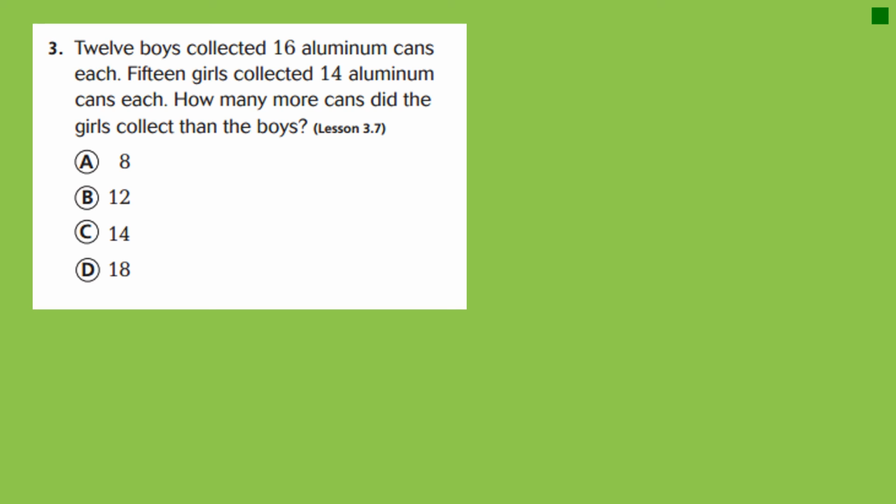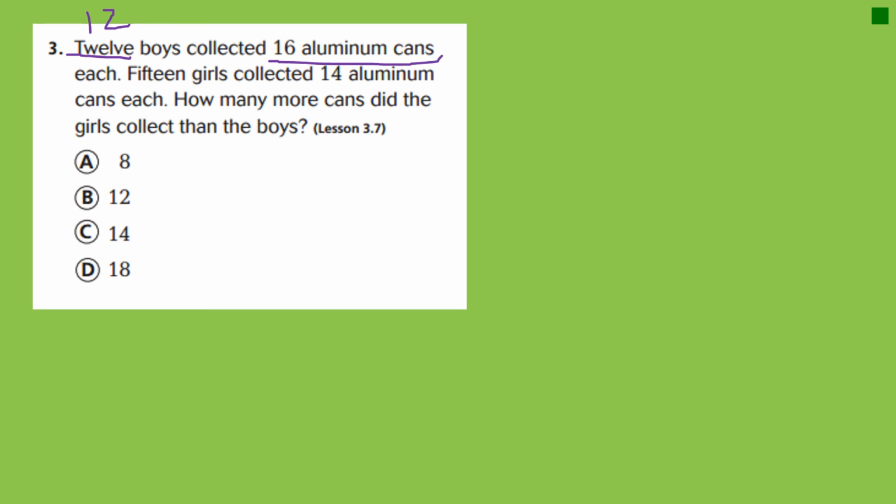I know that from that last part. How many more cans did the girls collect? So we're comparing how many the boys collect, how many the girls collect, and we are trying to find the difference between those two amounts. Difference is subtraction.